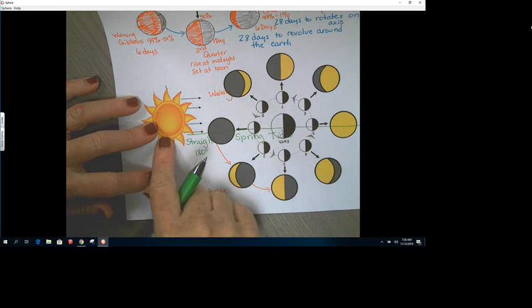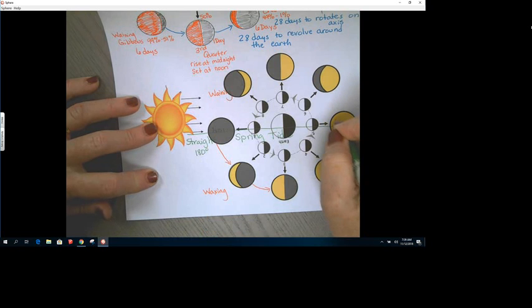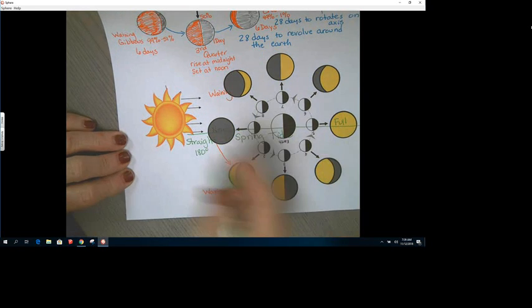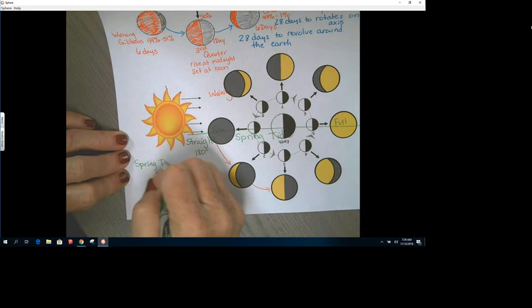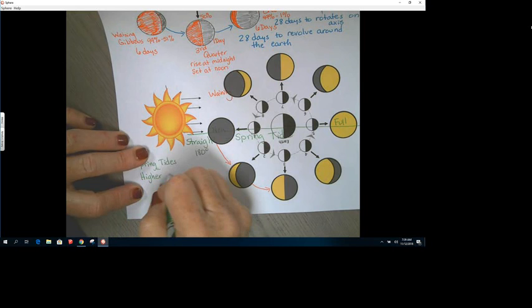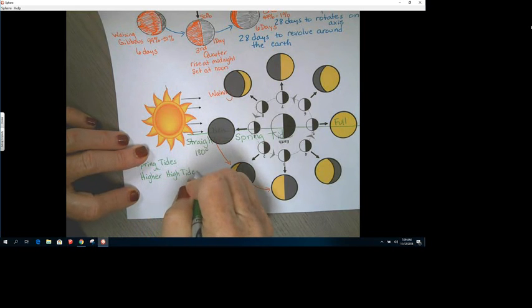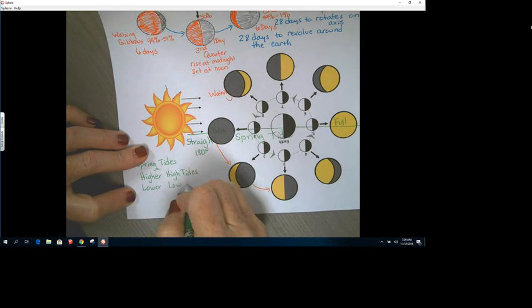All right? So that means that this new moon and this full moon give me the spring tides. Spring tides means high or higher high tides and lower low tides.